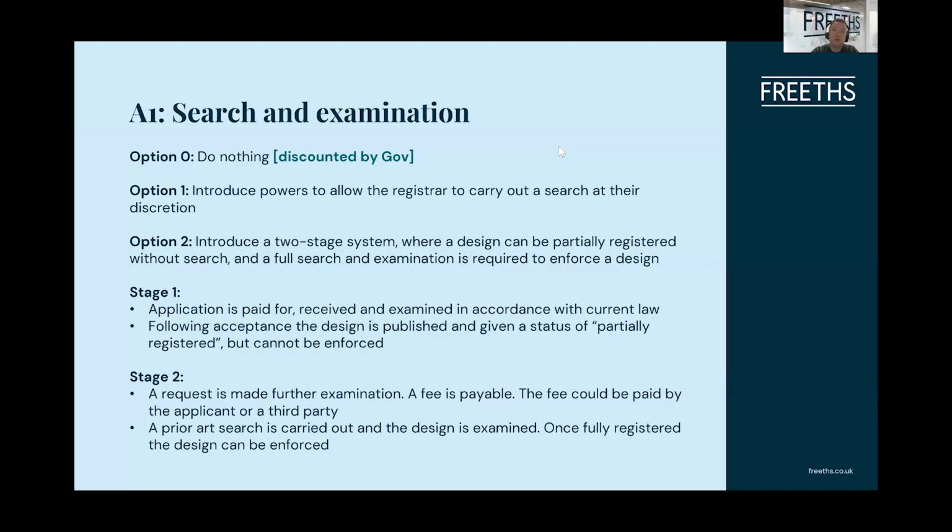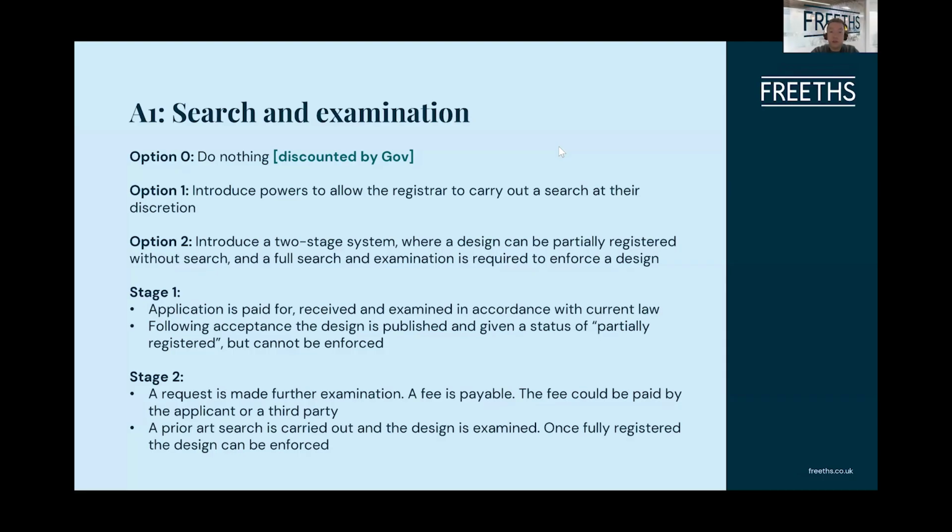So option 1 is to allow powers for the registrar to carry out a search at their discretion. So not every design will be caught by this. The registrar will be given the discretion if they see a design that they think, oh, that obviously doesn't look new or doesn't have individual character, they can then carry out a more formal search for any existing registered designs that they think would render the new application invalid.